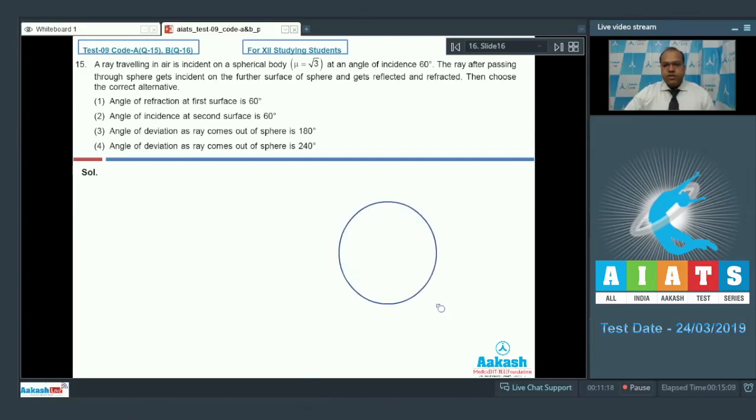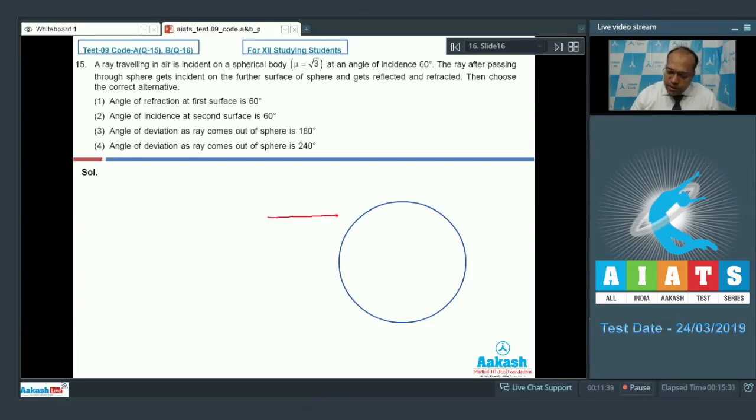Suppose this is a sphere and a ray is incident in this way on this spherical body. So the center of the sphere is this. So the normal drawn at this point is this, and it is given in the question this angle of incidence is 60 degree.